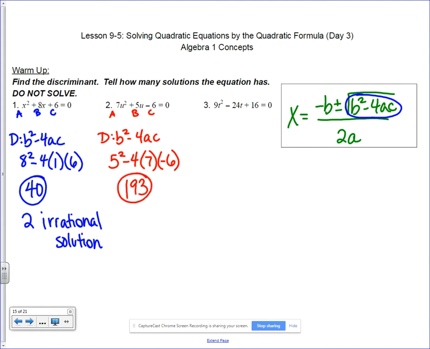How'd you do? Good? You all right? So how many solutions and what kind are they? Good. It is positive, and that is not a perfect square.